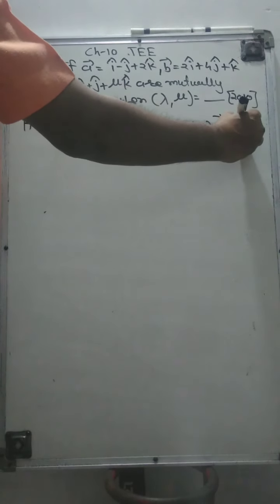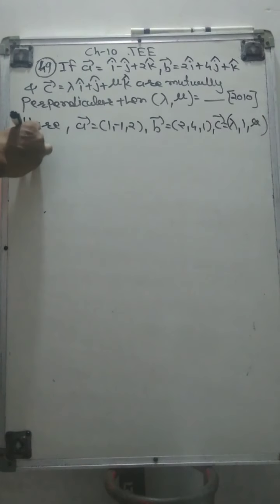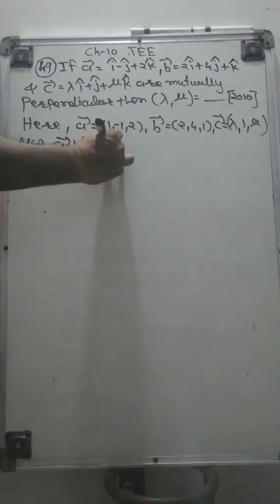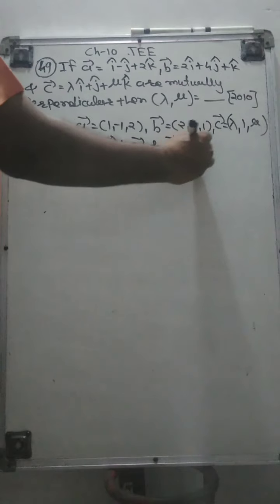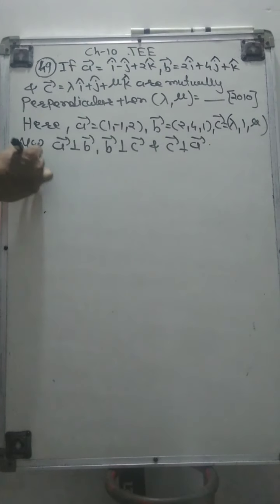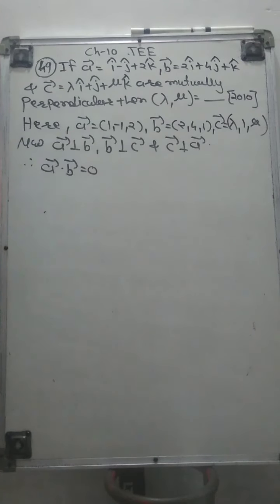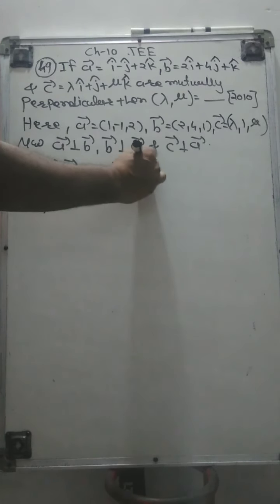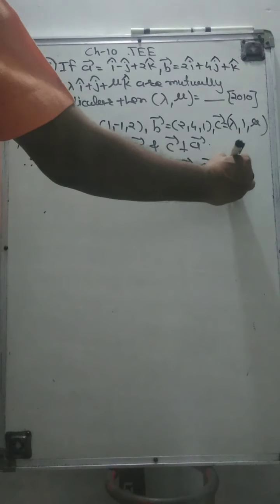Now a bar is perpendicular to b bar, b bar is perpendicular to c bar, and c bar is perpendicular to a bar. Therefore, a dot b is 0, which is obvious. b dot c is 0, and c dot a is equal to 0.